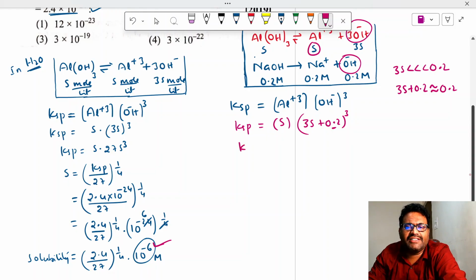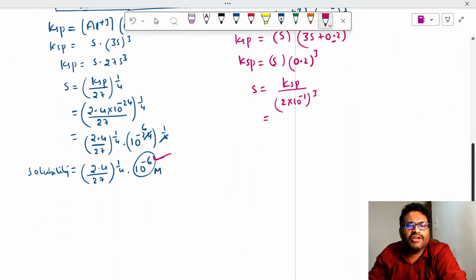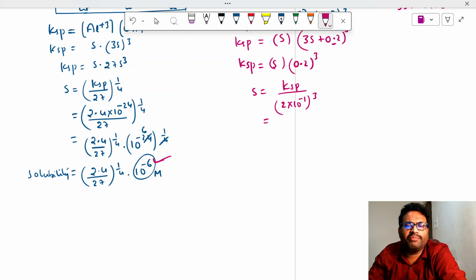So now I can write Ksp is equal to S into 0.2 whole cube. S will be equal to Ksp by 2 into 10 power minus 1 whole cube. Ksp is given as 2.4 into 10 power minus 24. So 2.4 into 10 power minus 24 by 2 cube, which is 8, into 10 power minus 3.